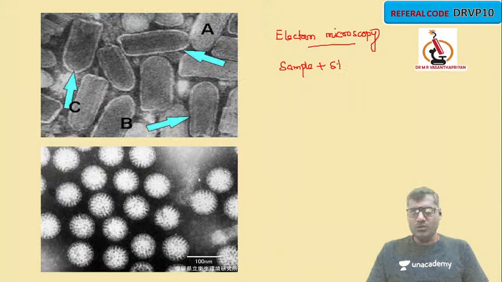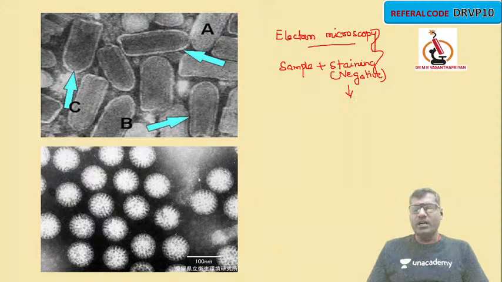We have to use a stain, described as negative staining, because we use a chemical for demonstrating the viruses, that is phosphotungstic acid.